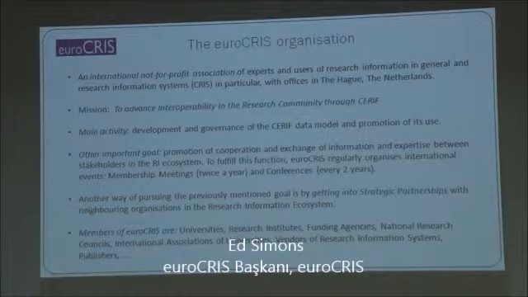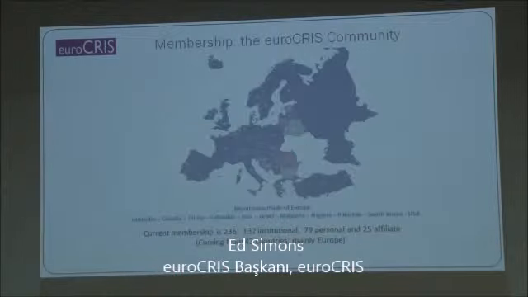We have universities, research institutes, funding agencies, national research councils, the International Association of Universities, vendors of research information systems, publishers, etc. The membership of euroCRIS currently stands at 236 members from most countries of Europe, as you can see in the colored map here, and also from some countries outside of Europe, which are listed here below. And I must say this is an old version, because, oh yes, Turkey is there. Okay.